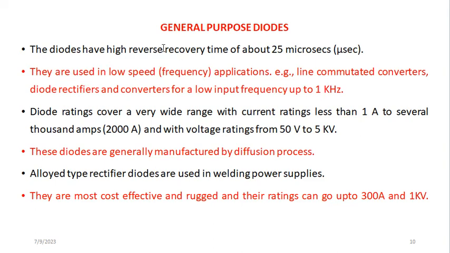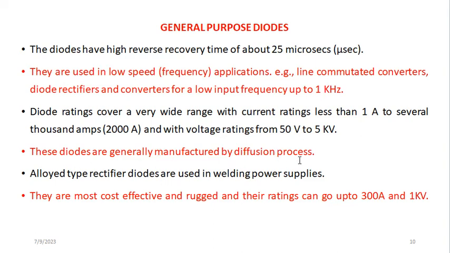The general purpose diodes are used in low speed applications where the frequency has a maximum value of 1 kilohertz, and the current rating is from 1 amp to several 2000 amp maximum, and the voltage rating is from 50 volts to 5000 volts, that is 5 kilovolts. And these diodes are manufactured by the diffusion process.